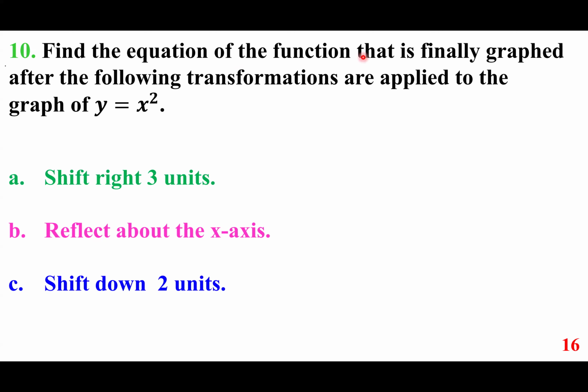Find the equation of the function that is finally graphed after the following transformations are applied to y equals x squared. Shift right 3 units. f of x is (x minus 3) quantity squared.